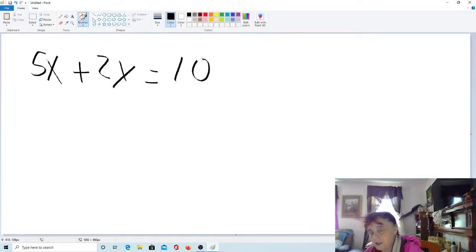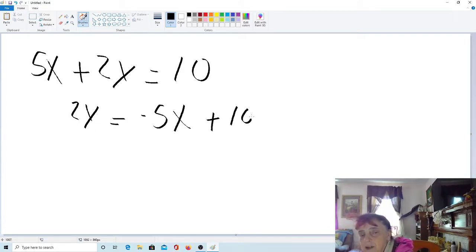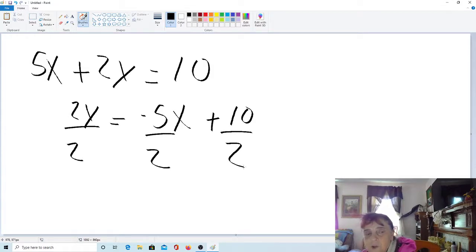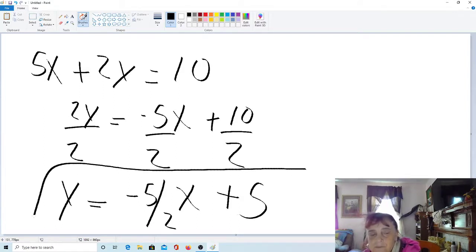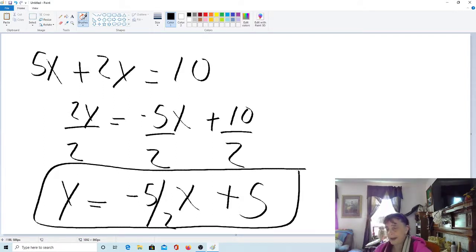And then you can put it in slope-intercept form, saying 2y is negative 5x plus 10. Divide both sides by 2. So y is negative 5 halves x plus 5. That is the equation for your line.